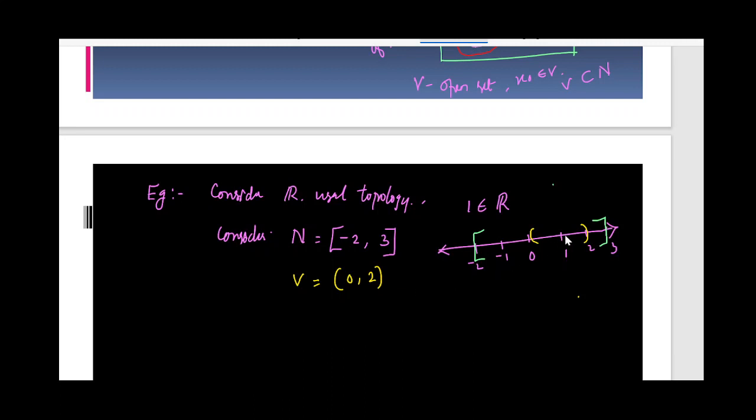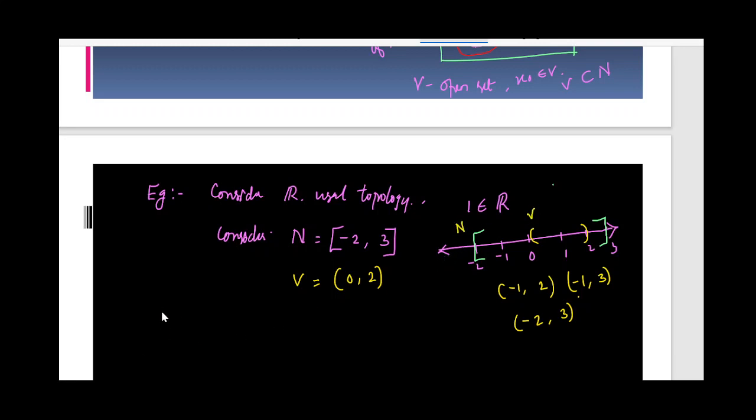Similarly, I can take loads of things: (-1, 2), then (-1, 3) itself, then (-2, 3). These are all open sets containing 1. So I can find an open set that is completely contained inside your N.